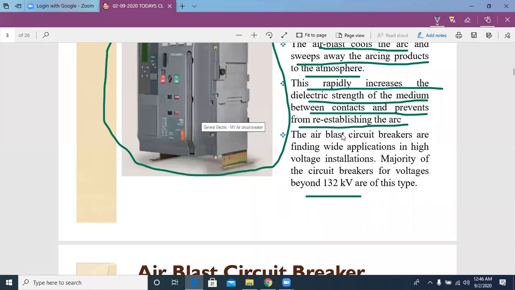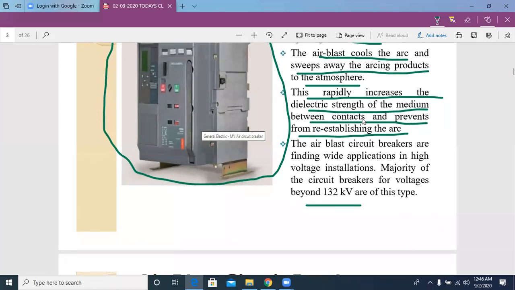Now, the air blast circuit breakers are finding wide applications in high voltage installations. Majority of the circuit breakers for voltages beyond 132 kV are of this type.